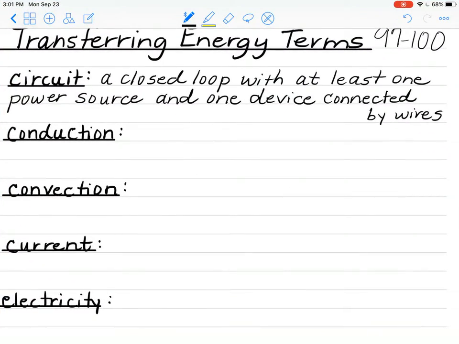All right, the next word is conduction. Conduction is energy transfer by contact. To give you an example of this one, I want you to imagine that there is a pot of boiling water on the stove, and that it's made of cast iron.